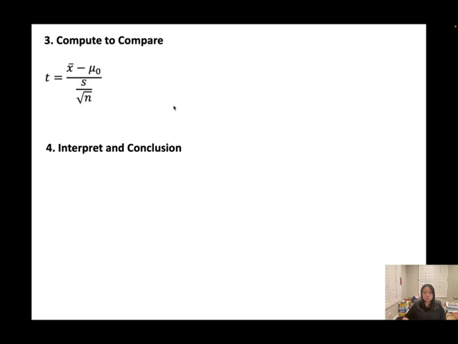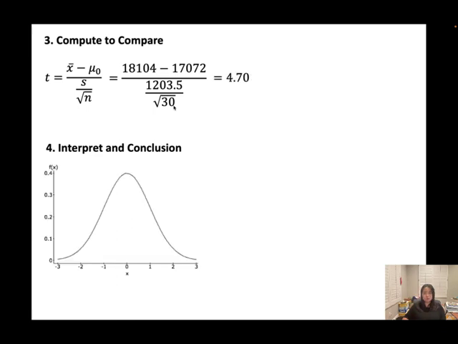Okay, plug into the formula to find the test statistic. You should get 4.70. We have a two-tail test, so t equal to 4.70 or t equal to negative 4.70.